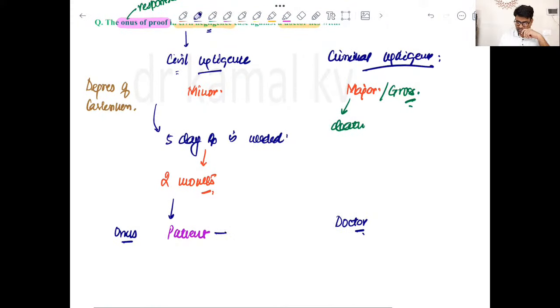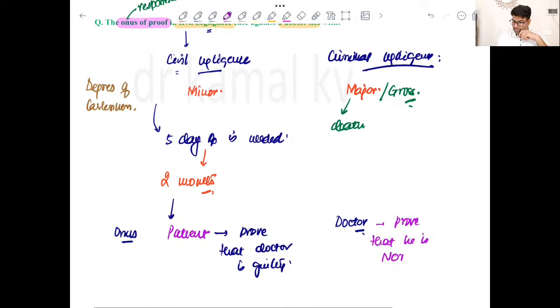So here the patient has to prove that the doctor is guilty, and here the doctor has to prove that he is not guilty. Okay, so this is civil negligence and criminal negligence.